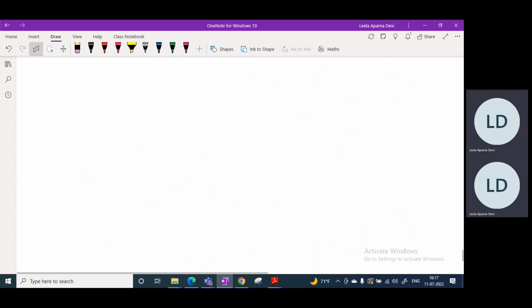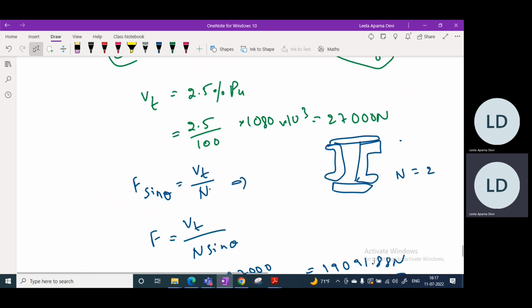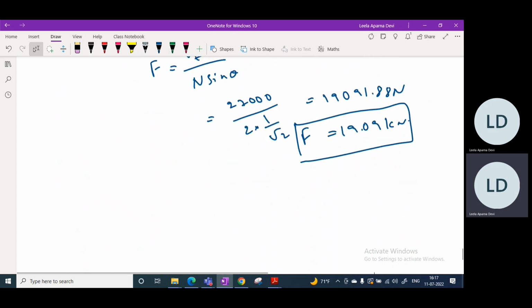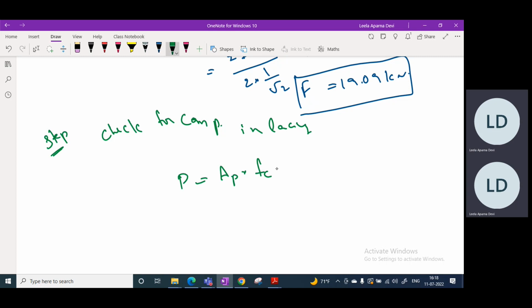Now checking for the compression in lacing. Our compression formula is A into fcd.